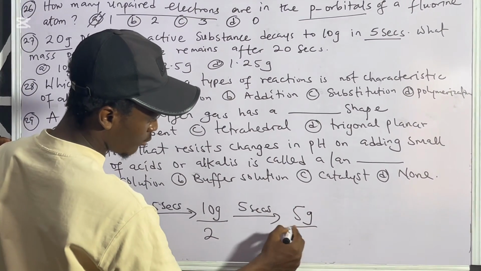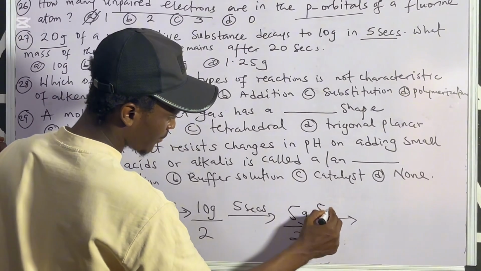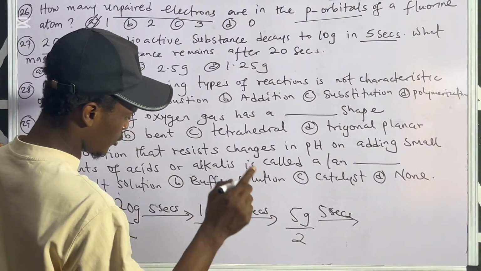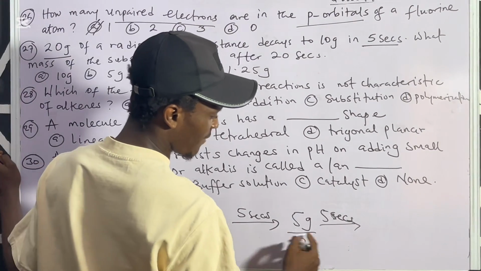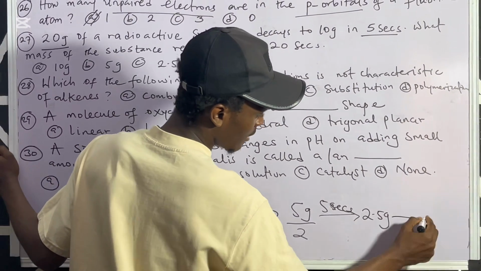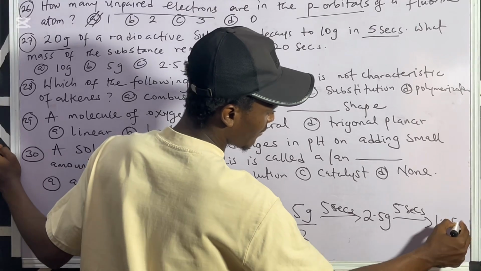So 5 grams over 2 will take another 5 seconds. What I'm doing here is that I want to get a total of 20 seconds. So it will take another 5 seconds to decay to 2.5 grams. Now 2.5 grams will take another 5 seconds to decay to 1.25 grams.